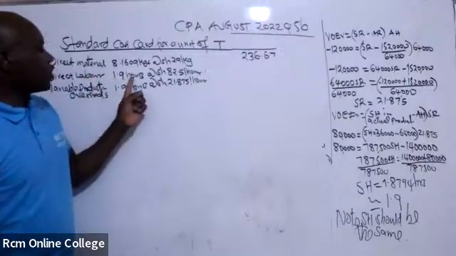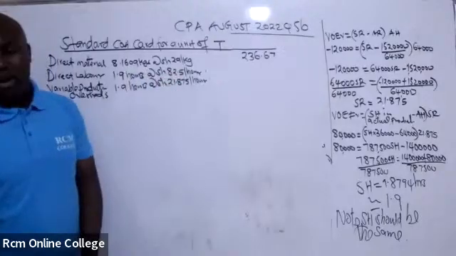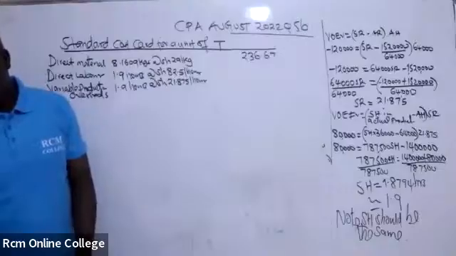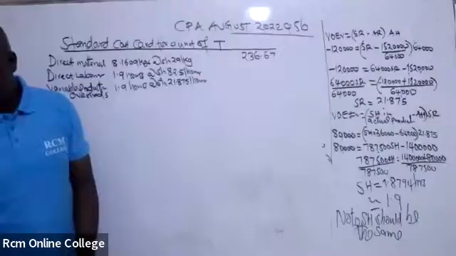Number 2. When you take 1.9 times 82.5, what are you getting? 156.75.